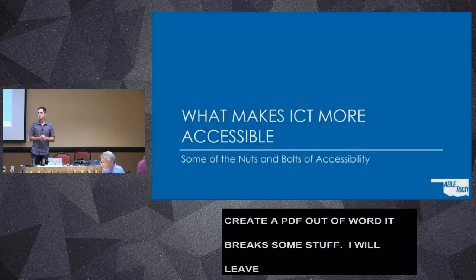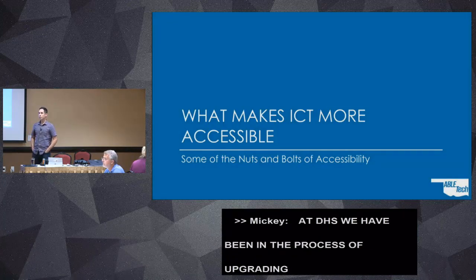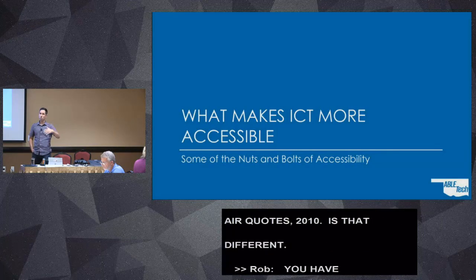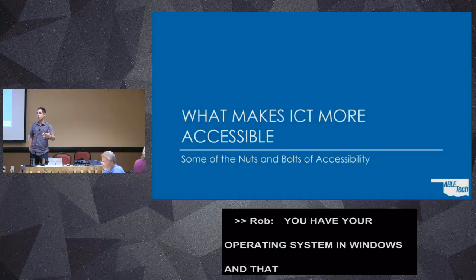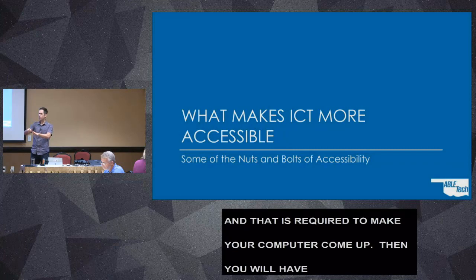Yes? So at DHS, we have been in the process of upgrading to, and I'm using air quotes, Windows 10. Okay. Is that the same? Different deal. Okay. Different deal. Very good question. So you have your operating system in Windows and that version, and that's just required to make your computer come up. Then you'll have Office that has Word and PowerPoint and what else?